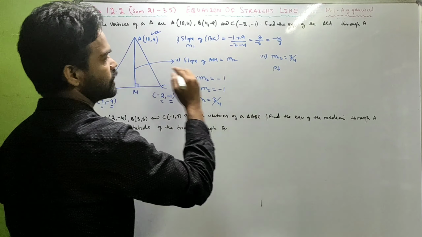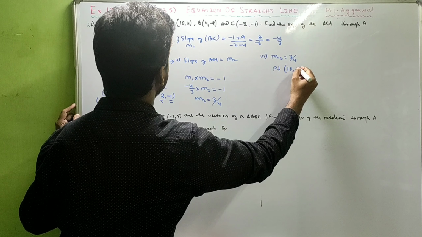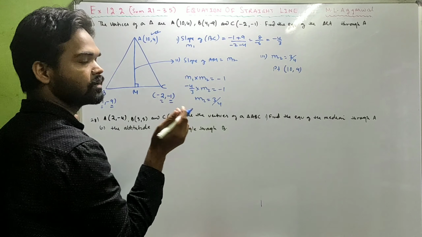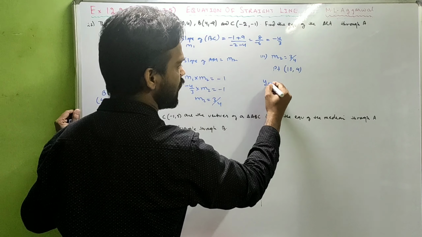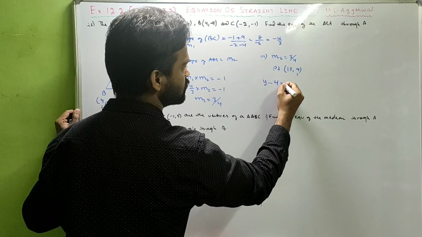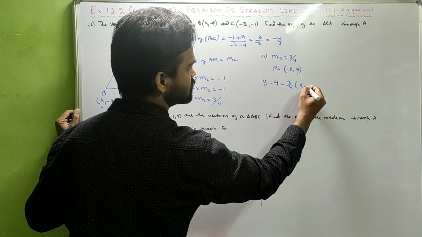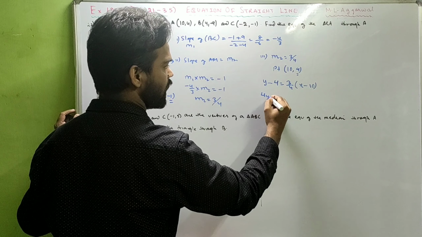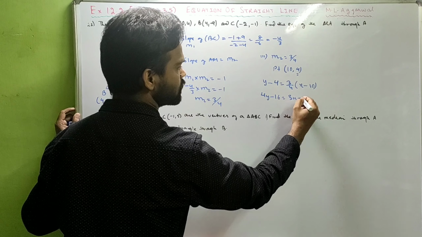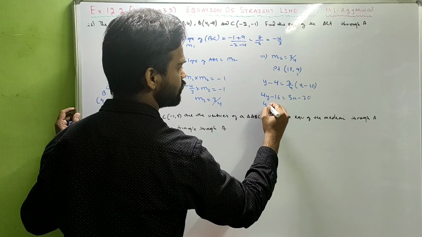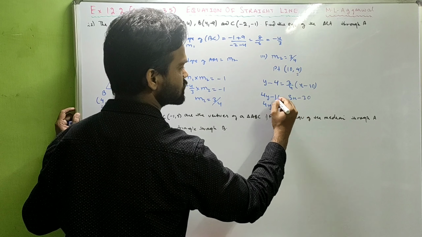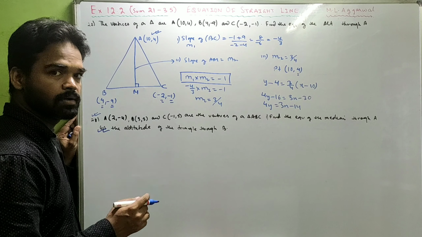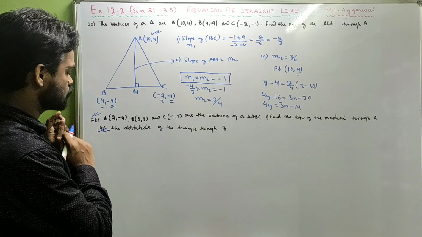We know the point (10, 4) because the altitude passes through A. The point is given, the slope is given. Point slope form: y minus y1 equals m times (x minus x1), isn't it? So this is 4y minus 16 equals 3x minus 30, which is 4y equals 3x minus 14.